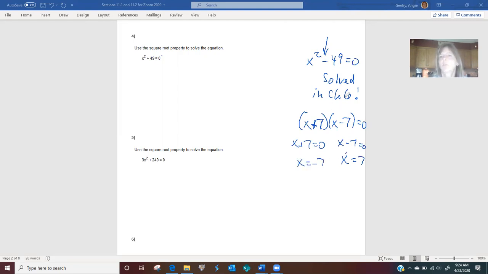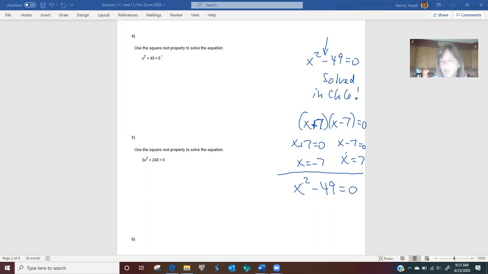You can solve this one by using chapter 6. You can also solve this one by using the square root property. But remember, I'm showing one with a minus, very different than what's on number 4.